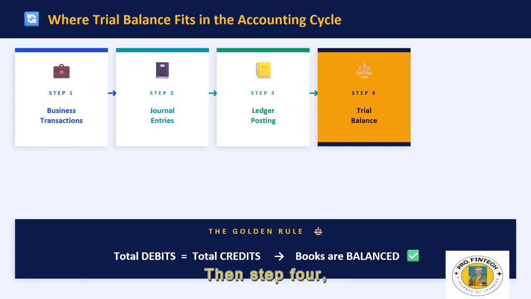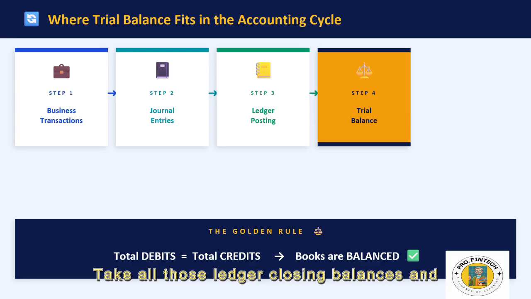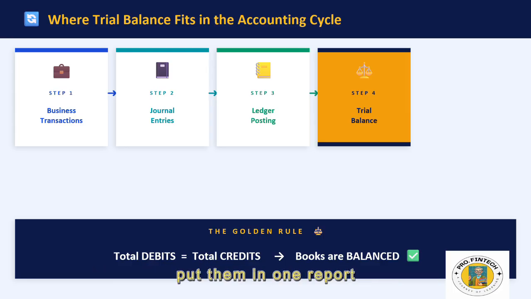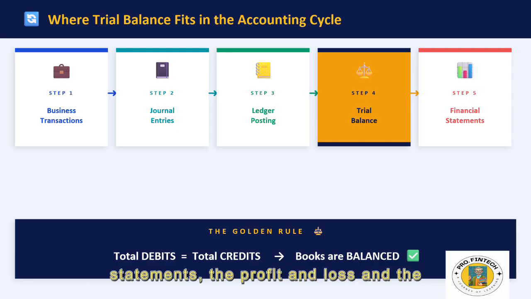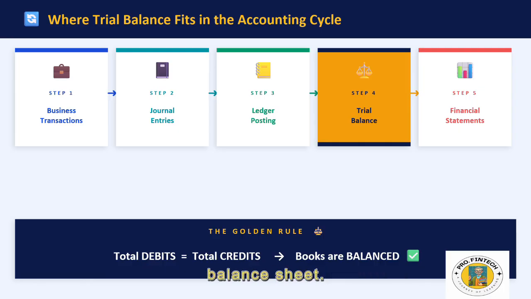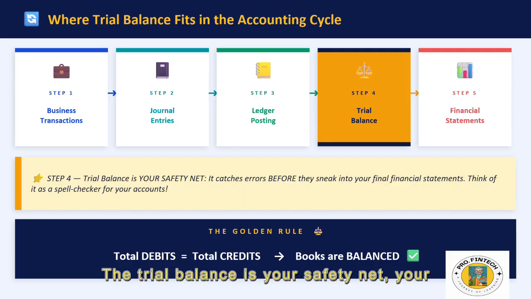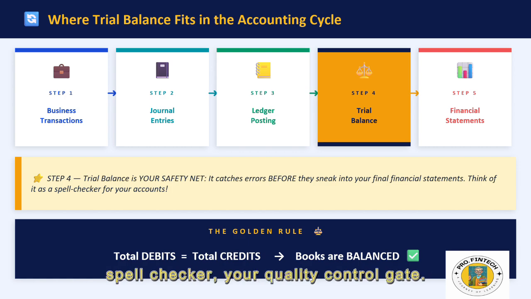Then step 4, this is us today, the trial balance. Take all those ledger closing balances and put them in one report to check the balance. Step 5, only after the trial balance is confirmed do we create the final financial statements, the profit and loss and the balance sheet. The trial balance is your safety net, your spell checker, your quality control gate. It stops errors from sneaking into your final reports.